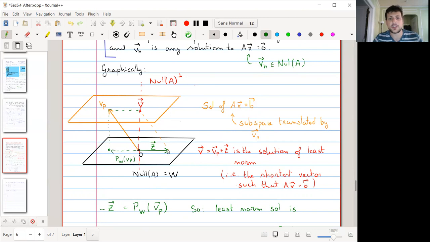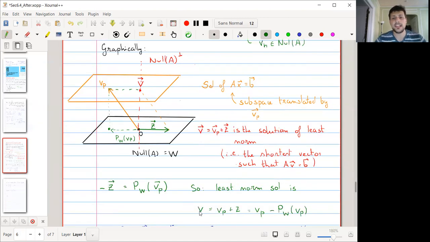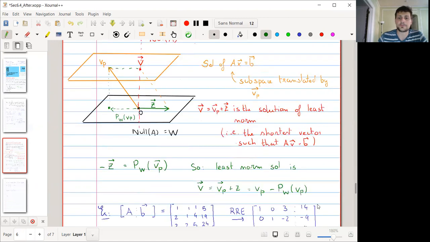If you flip that arrow, you get exactly the vector z that you're looking for. So one way to find the solution with the least norm, our vector v, is to take a particular solution Vp and subtract from it its projection onto the null space of the matrix of the linear system.